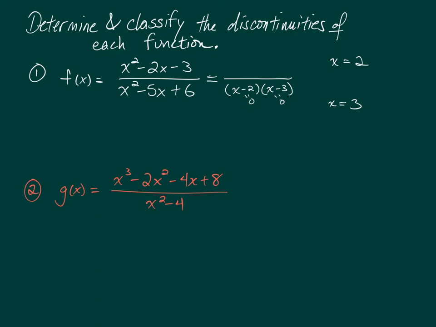If the limit is taken as x approaches the discontinuity and it does not exist, then the limit will represent a non-removable discontinuity. So we need to check out these limits. Let's see what happens as x approaches 2.